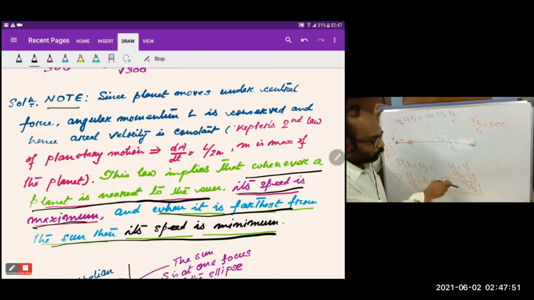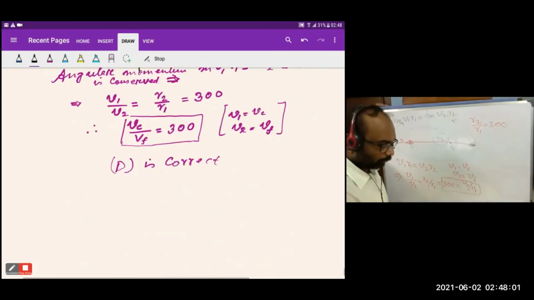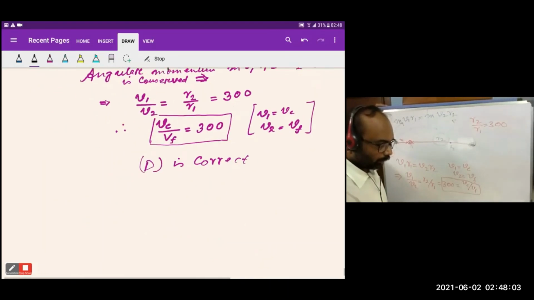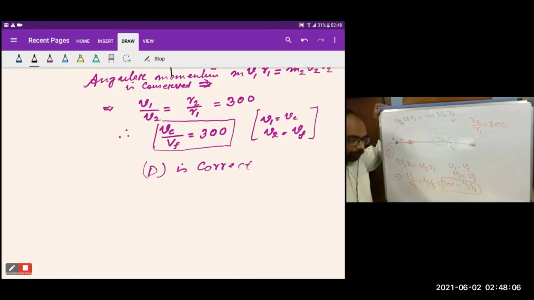And our solution exactly tells that Vc is equal to 300 times Vf. So option D is correct in this problem.